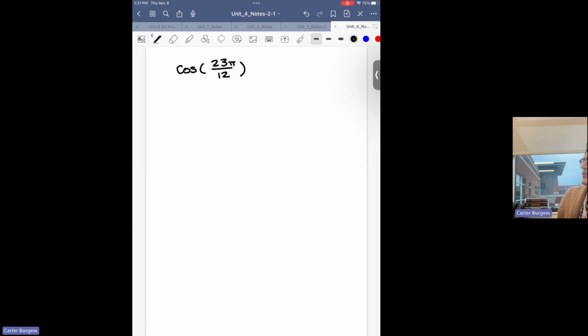What is my strategy when I'm giving you an angle in radians? Yeah, we're just going to set the first angle to be pi over 4. We want to find the second angle such that pi over 4 plus that second angle equals 23 pi over 12.